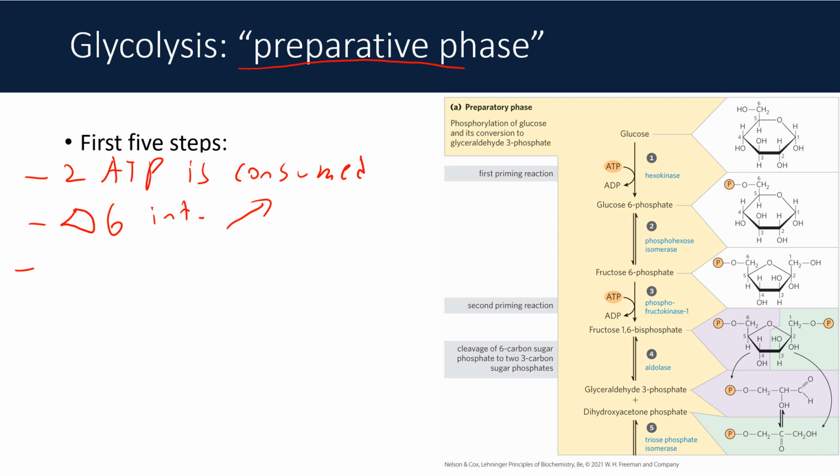We will be committing the glucose and ensuing metabolites to the cell, and then the pathway itself.